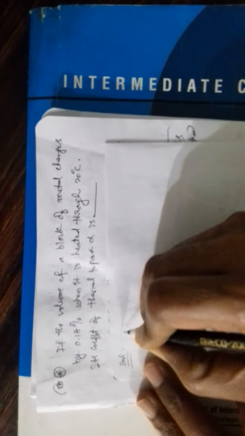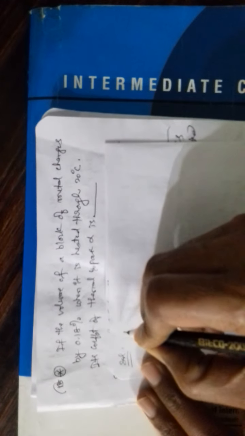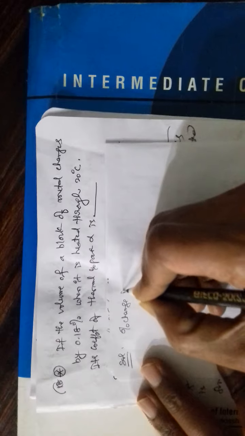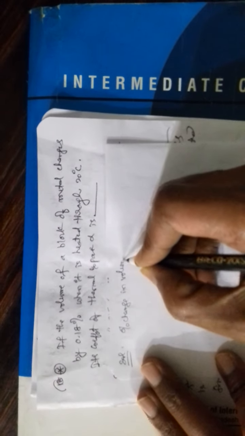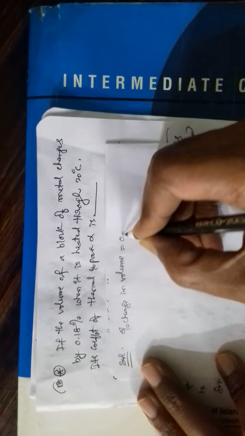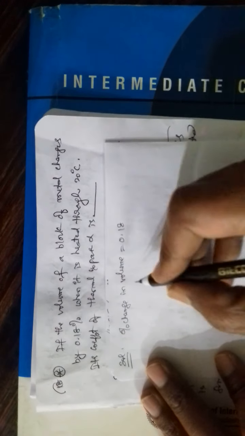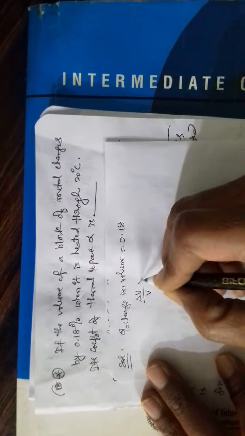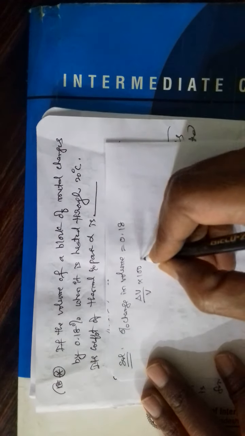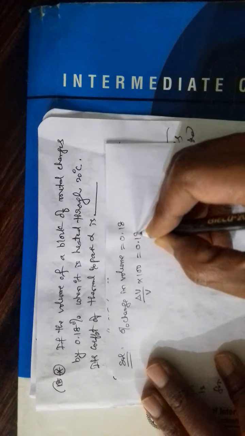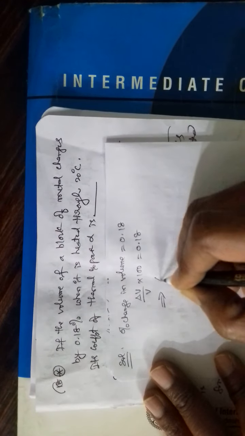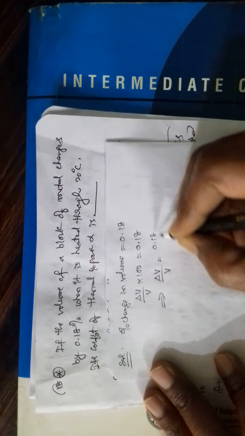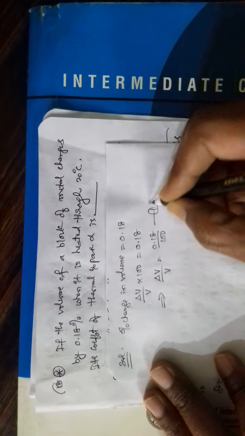Percent change in volume is given, it is equal to 0.18. See, fractional change means delta V by V into 100 gives percent change in volume. From this, fractional change in volume becomes 0.18 by 100.